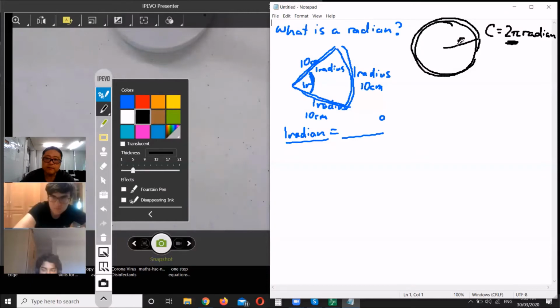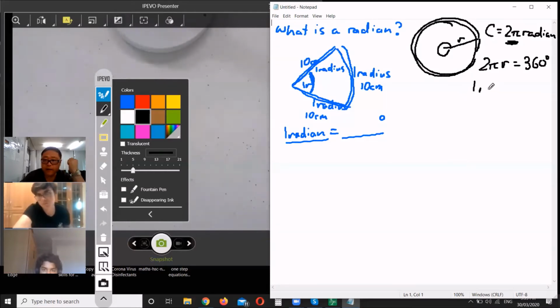So how many radians is that as a measure of angle? It's 2 pi. How many degrees is that? 360. So 2 pi radians is equal to 360 degrees.